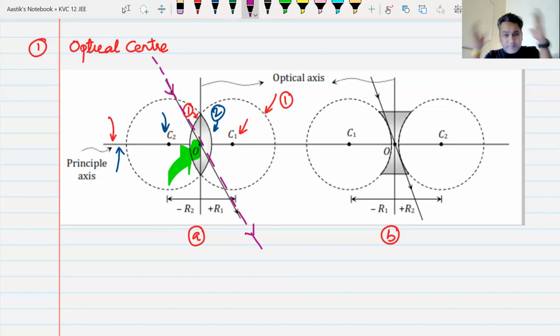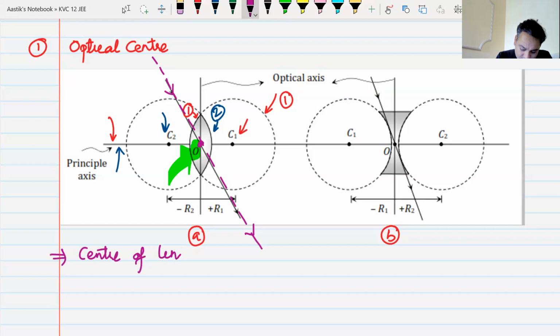If I actually draw a bigger diagram, you will see that there is some sort of a deviation, but for all practical purposes, we can assume that whatever light is passing through this optical center goes straight. It does get refracted, in fact, it just gets deviated slightly, but for all practical purposes we can leave that. It just goes undeflected like this. So this point is known as the optical center, the center of the lens.